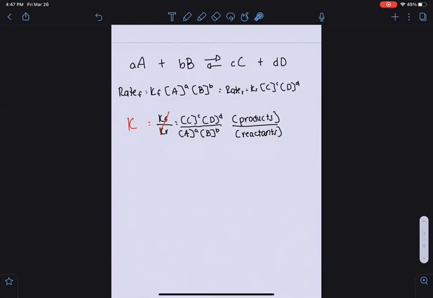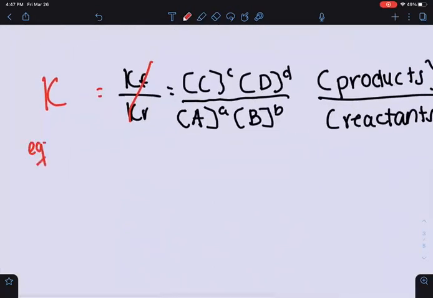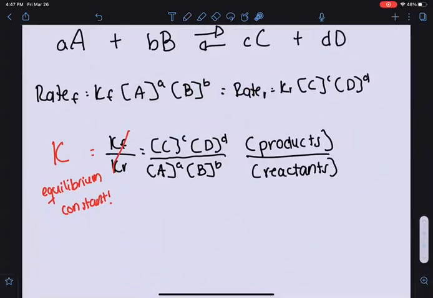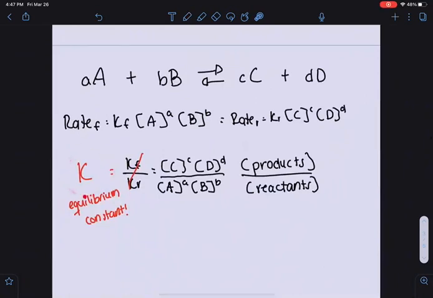And we get that the value of K forward divided by K reverse equals big K, which is the equilibrium constant. And we get that the equilibrium constant K equals the concentration of the products over the concentration of the reactants.